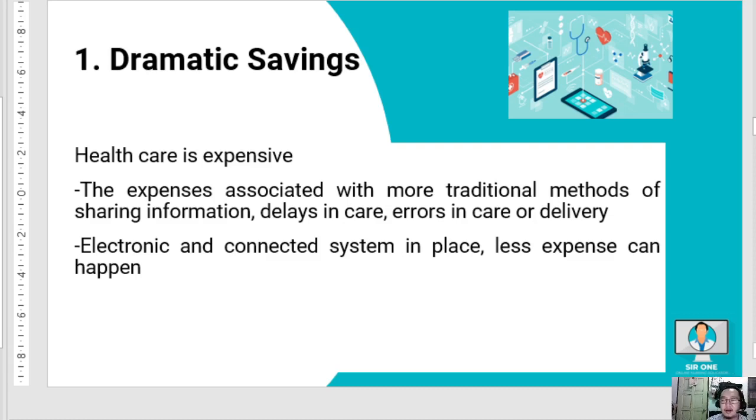As we all know, healthcare is expensive, especially nowadays, and these expenses are associated with more traditional methods of sharing information, delays in care, errors in care or delivery. With an electronic and connected system in place, the investments in technology may lead to less expense of healthcare, because there will be fewer errors.